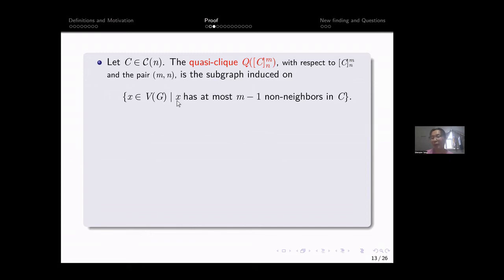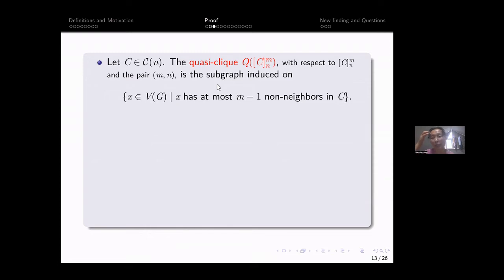We will not have different crazy cliques. The crazy clique is, let's say, the main notion in this talk.